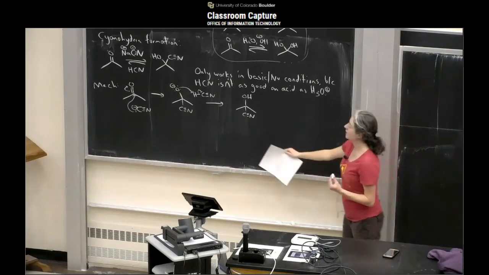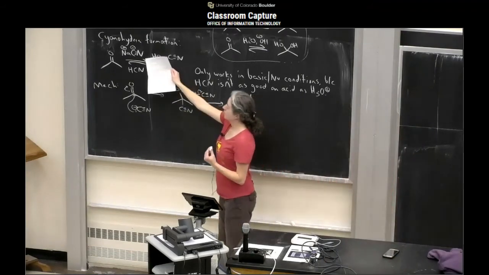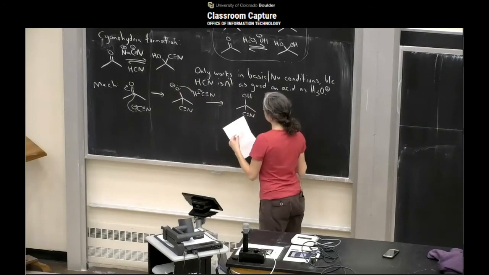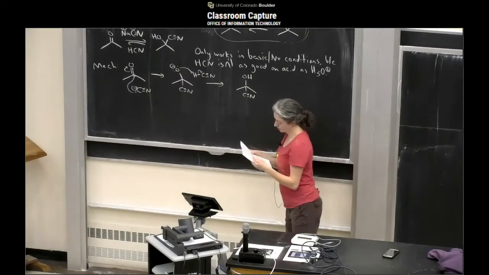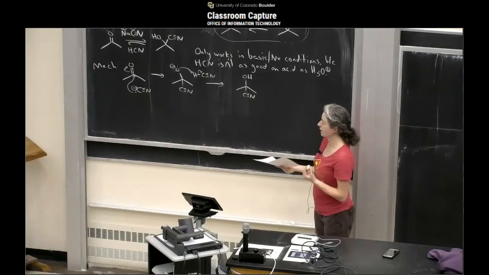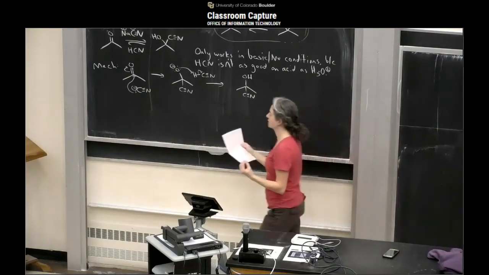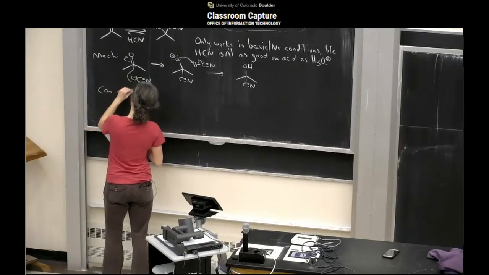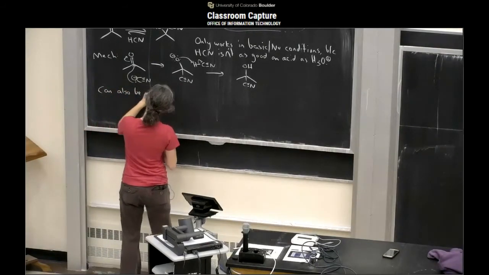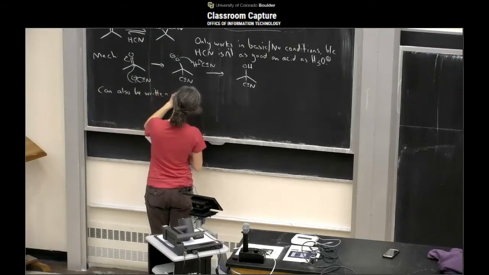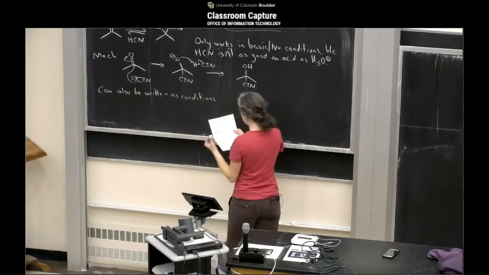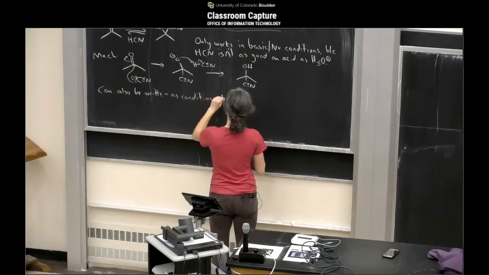Okay, so you can either set this up with C≡N− and HCN present, or you can more traditionally write this on the arrow as something that will create those conditions. So you're sort of generating one of the reagents in situ.